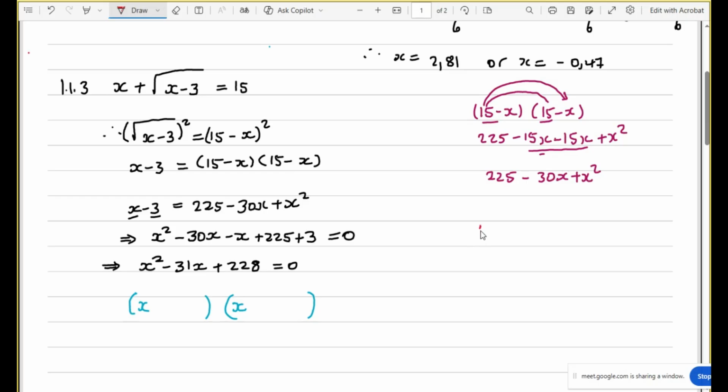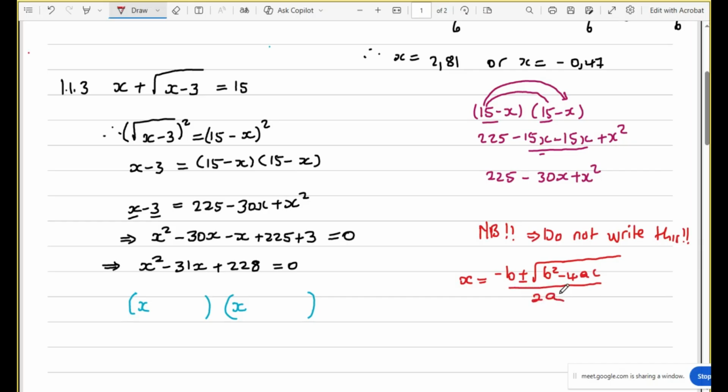And do not write this on your paper. I'll explain why. x is equal to minus b plus or minus the root of b squared minus 4ac, everything divided by 2a.